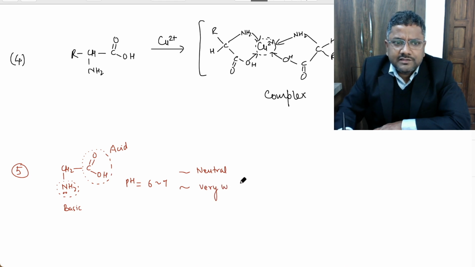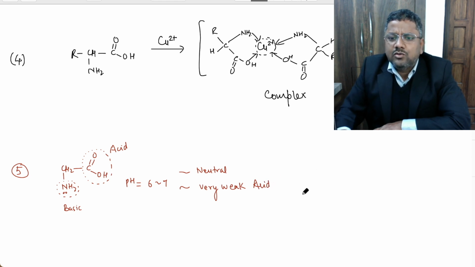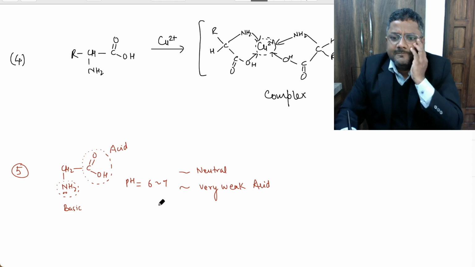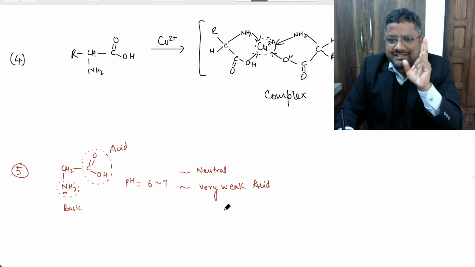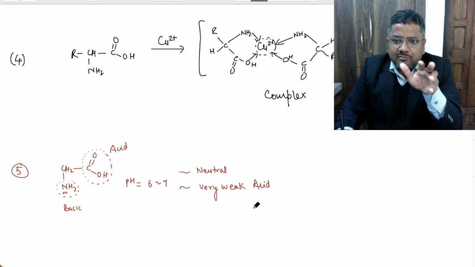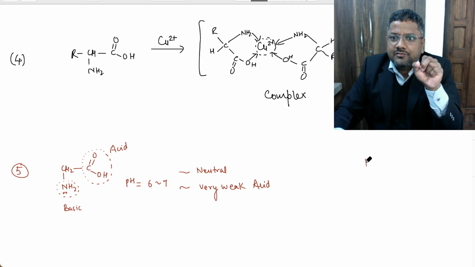Very weak acid. And we won't get any sharp endpoint when we titrate this glycine with NaOH. See, this is the second example in your chemistry, similar to H3BO3. The first example in your syllabus is H3BO3.